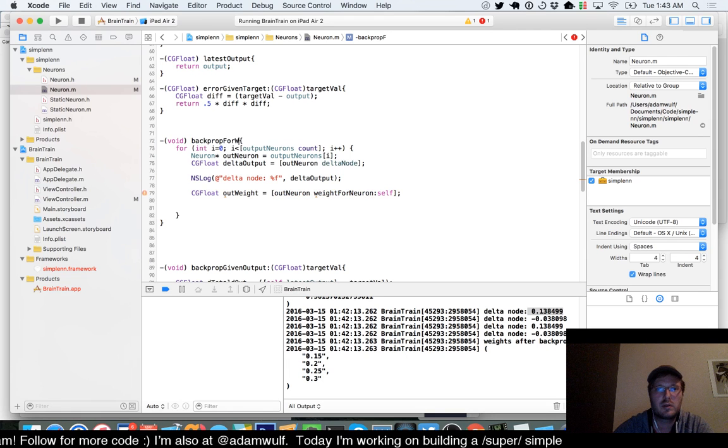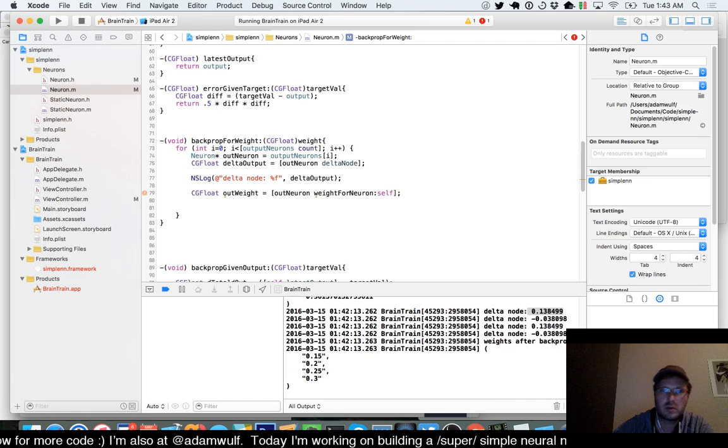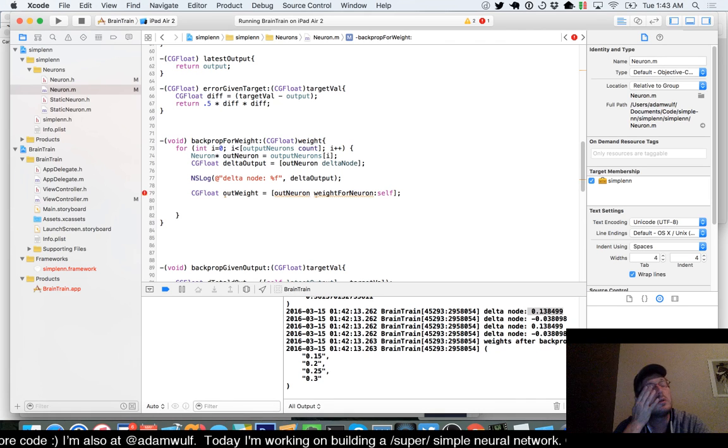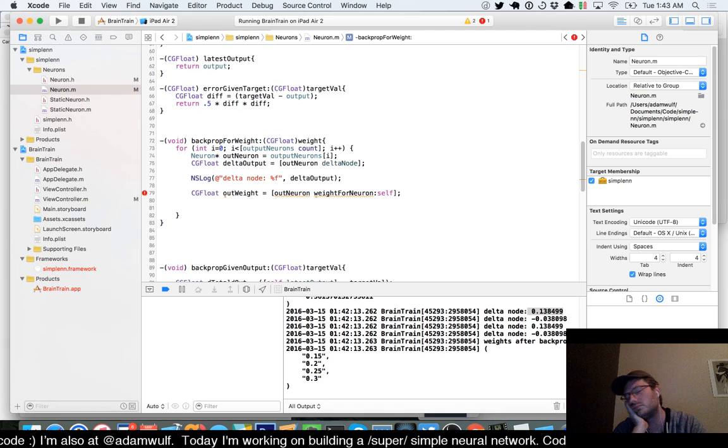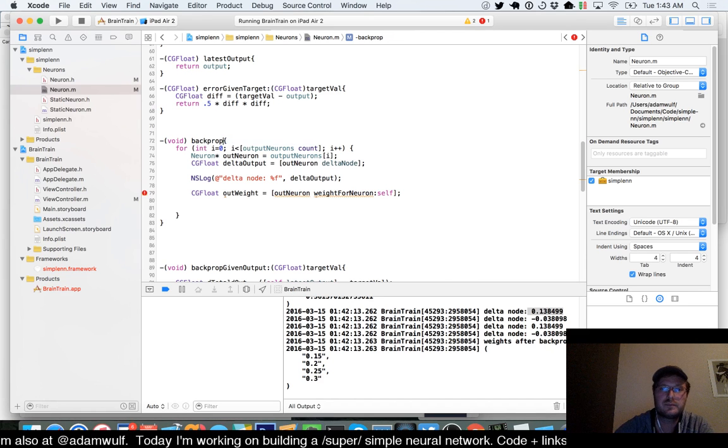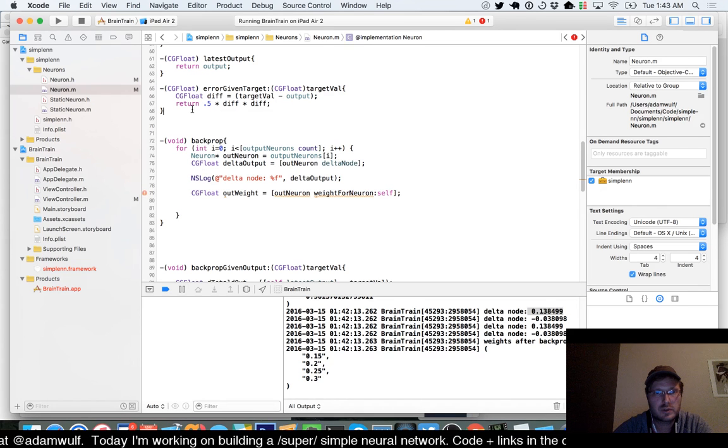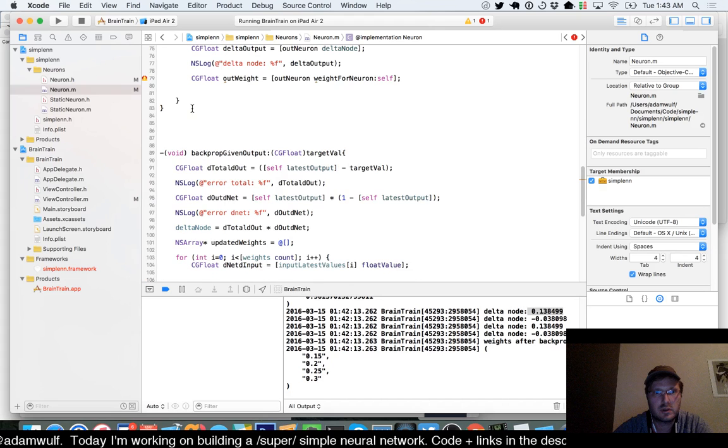I feel like that's a better way to do it, potentially. Nope, that's a really terrible way to do it. Really, really terrible. So latest output.